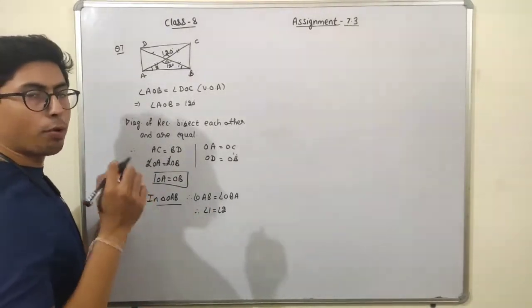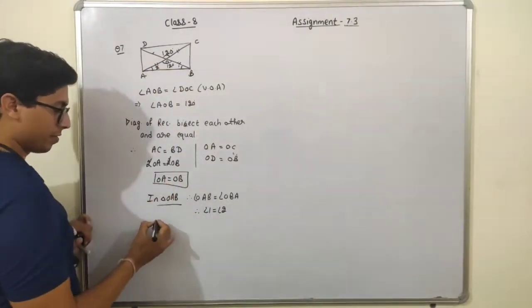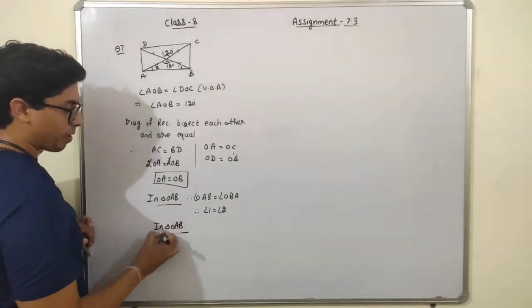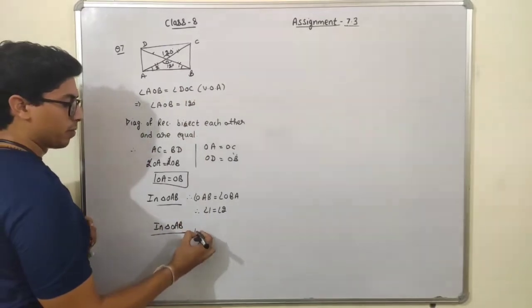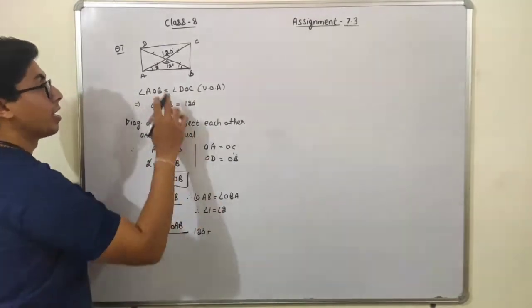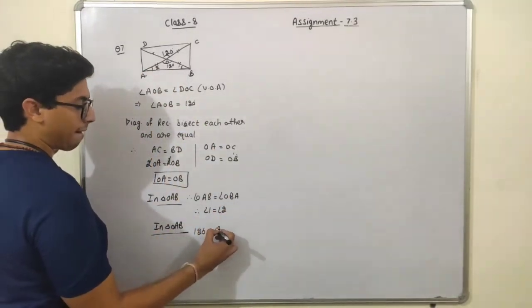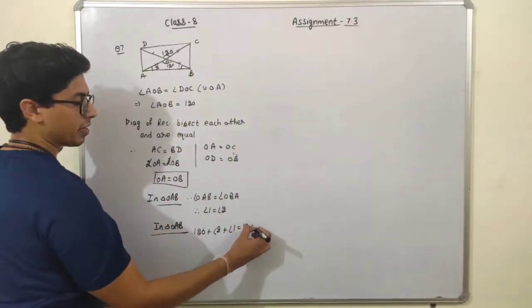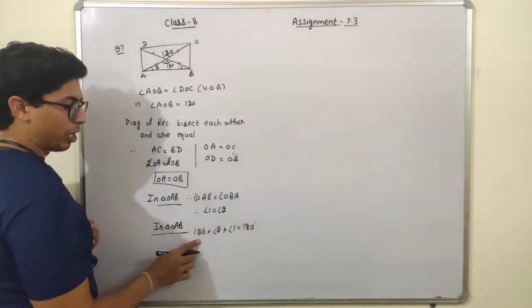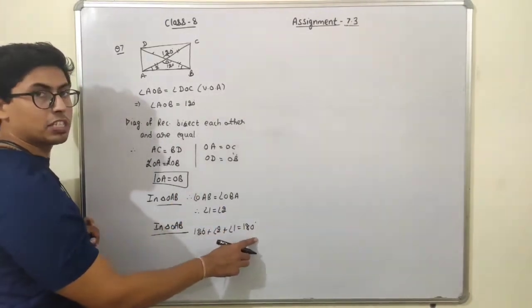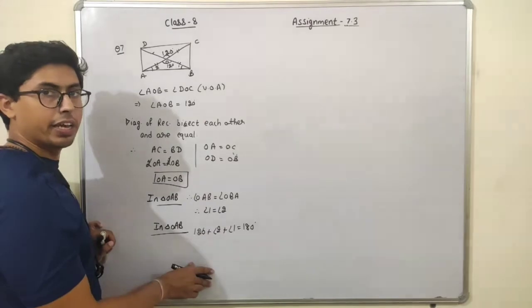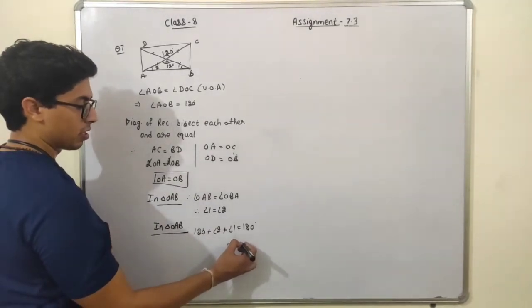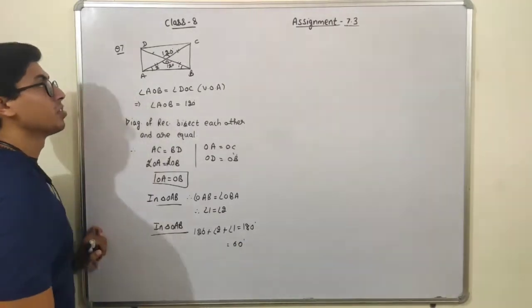Now, using the angle sum property in triangle OAB, this is 120 degrees, this is angle 2, this is angle 1, and the sum is equal to 180 degrees. The 120 goes to the other side as a subtraction, so 180 minus 120 will be 60 degrees.